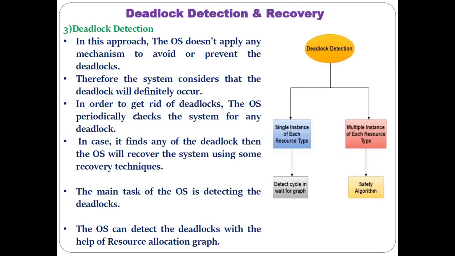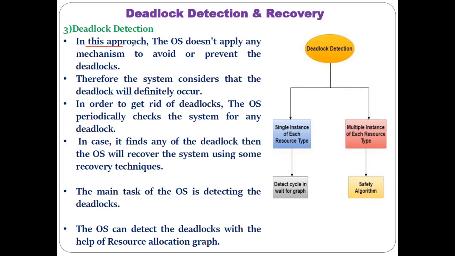If you compare the previous two techniques with this technique, in deadlock detection the approach applied is not related to preventing or avoiding the deadlock. Here this technique works when the deadlock has already occurred.